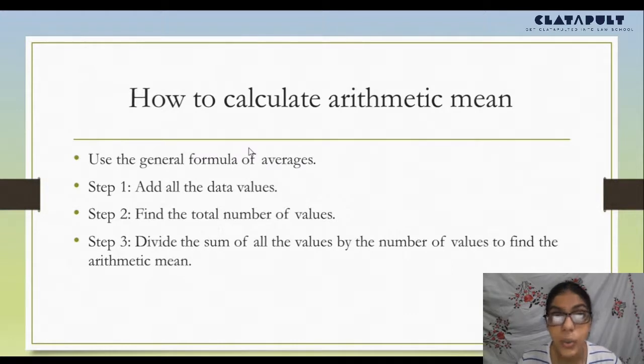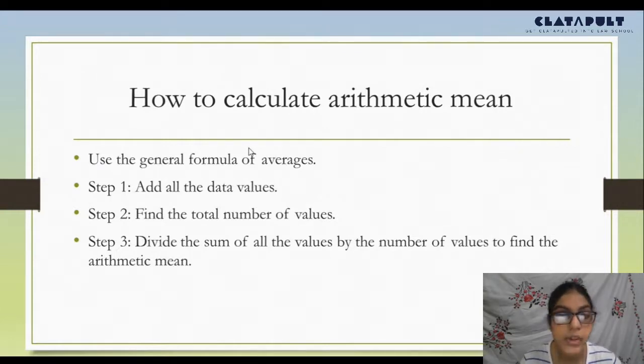And step 3, we will divide the sum of all the values that we get in step 1 by the number of values that we get in step 2, and whatever the result is essentially the arithmetic mean of the given data set that you have. So if you have X number of values, you add them all up, you divide them by X, that's your arithmetic mean.